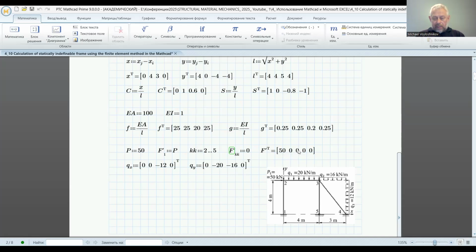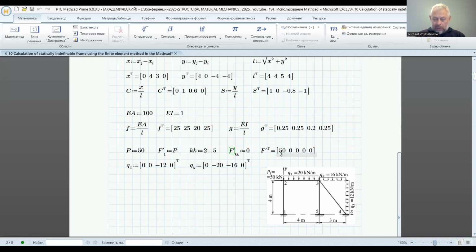We just consider the availability of the definite one component of the external load as a bending moment concentrated and applied to the node 2, but we assume that the magnitude of this bending moment at the node 2 has to be equal to 0. This is because this bending moment is not assigned.